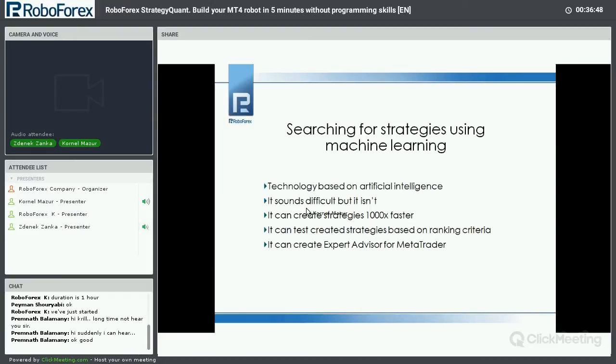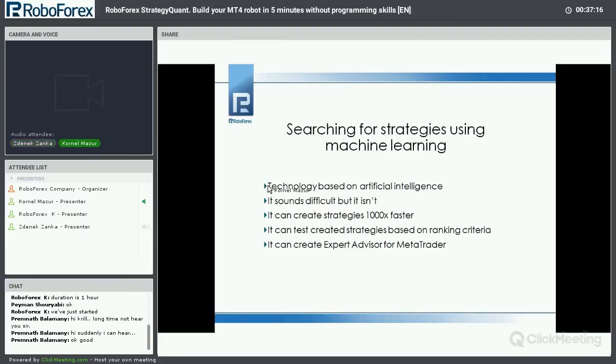This is great because it saves a lot of time. We will speak more deeply about it later, but as I'm introducing this technology, one thing it can do is search for strategies 1000 times faster. Another thing is that you can test the strategy you created based on ranking criteria, so you can select the best strategies.